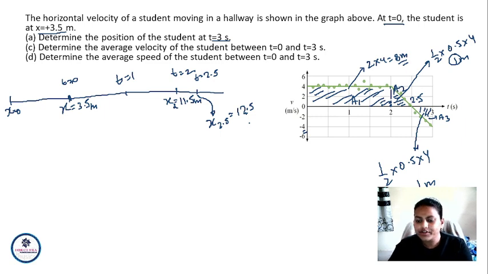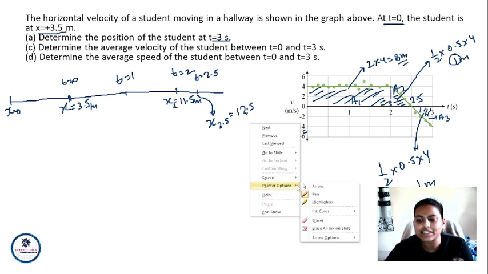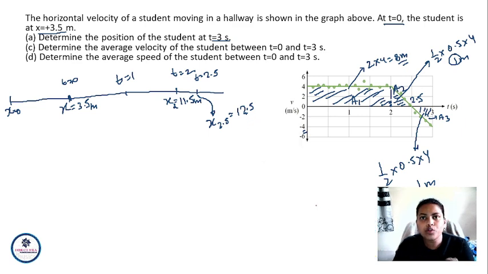At 2.5 second, the student reverses its direction. The student turns around and started going back towards this direction. So at time is equal to 3, the student covered 1 meter again.